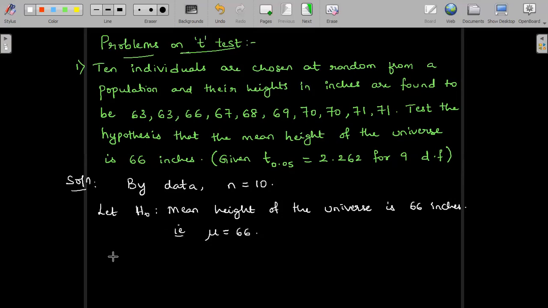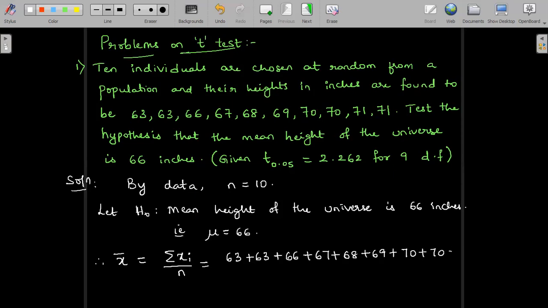Now let us calculate x bar. X bar gives us the mean of all the individual heights given for us. That is sum of all x values divided by n. So let us sum it up. So we have 63 plus 63, then 66, 67, 68, 69, 70 two times, and then 71 two times.